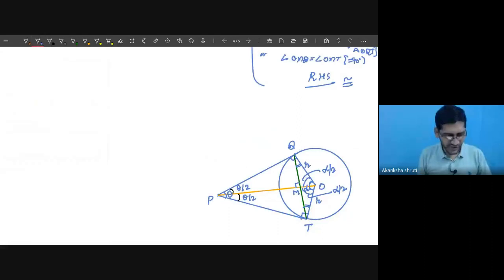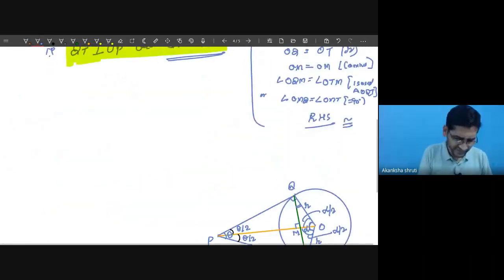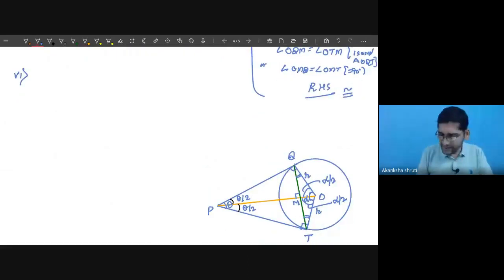So our next property, property number 6, is about the angle between the tangents and the angle between the radii joining the points of tangency to the center. Here we are observing that the tangent is at 90 degrees.